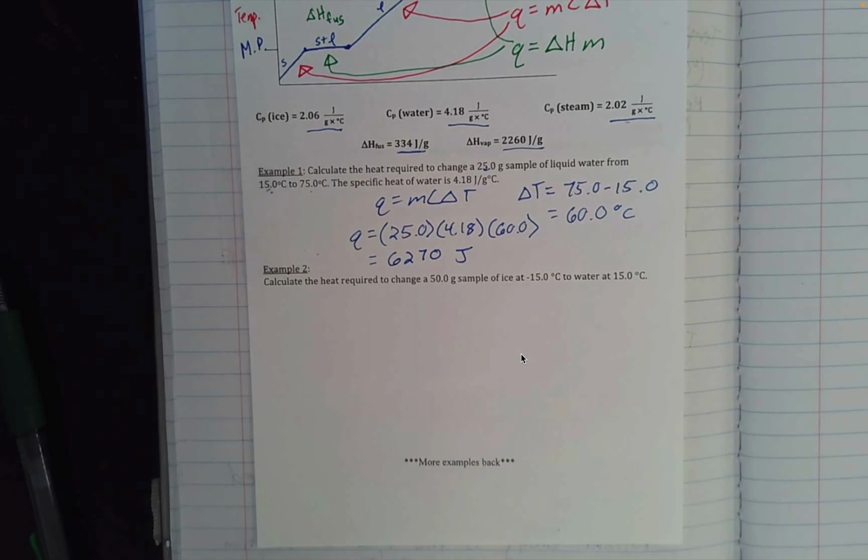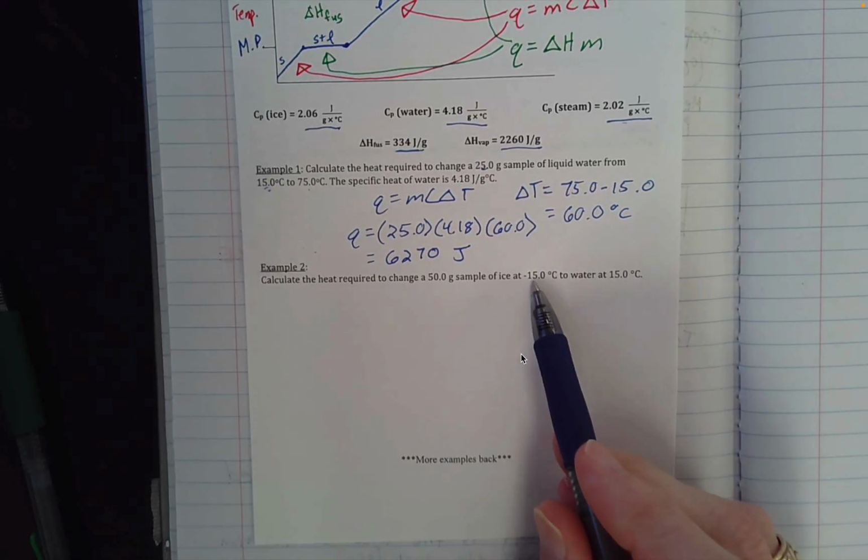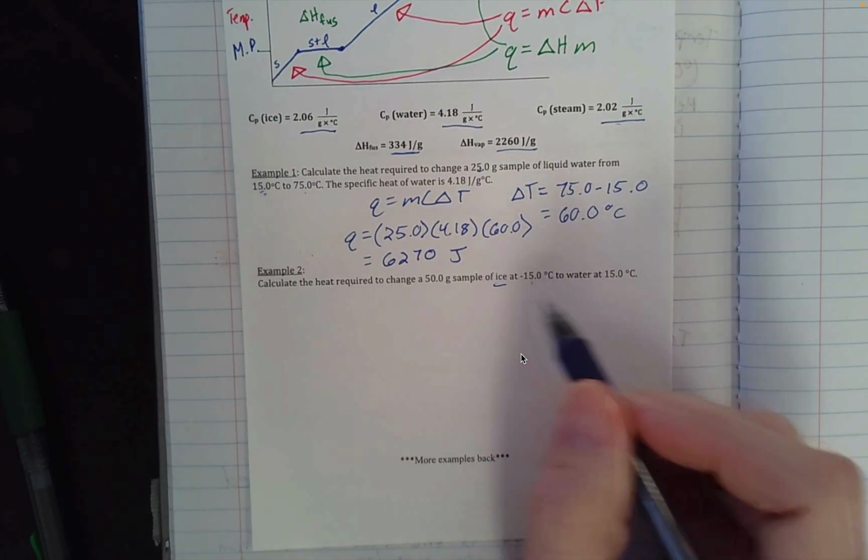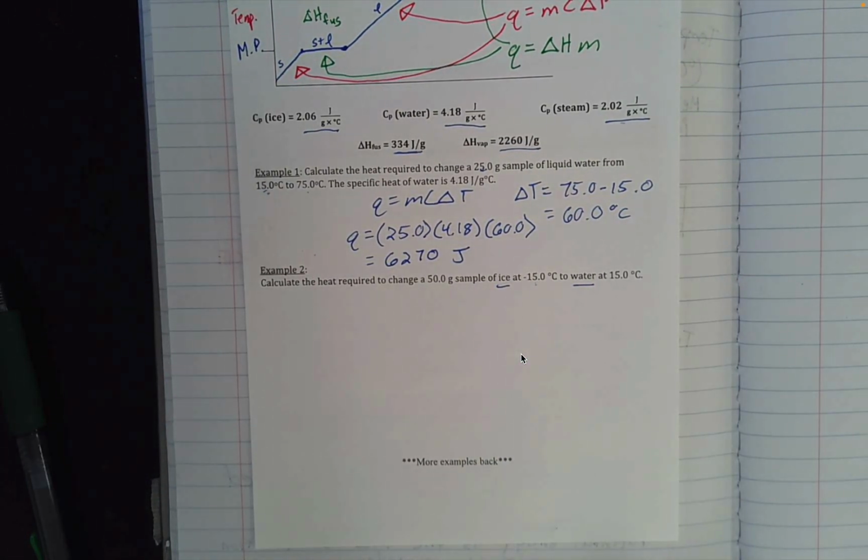Easy, right? Well, for example 2, we want to calculate the heat required to change a 5-gram sample of ice at negative 15 degrees Celsius to water at 15 degrees Celsius. So it's not as simple as the temperature change from here to here because we change from ice into water, right?